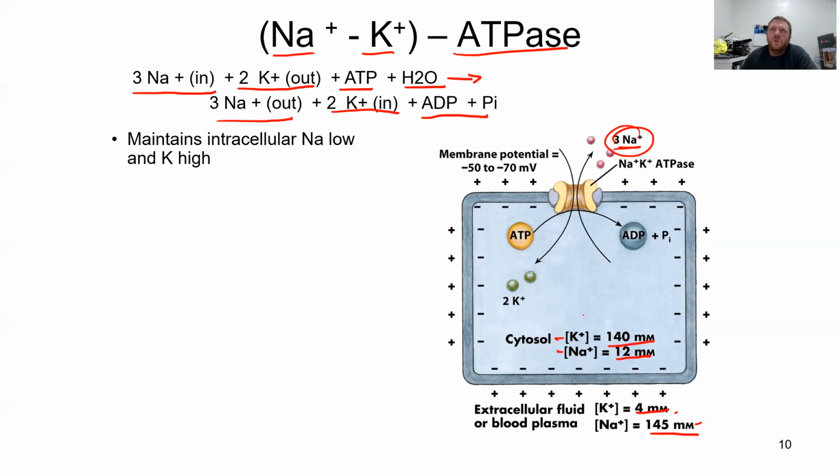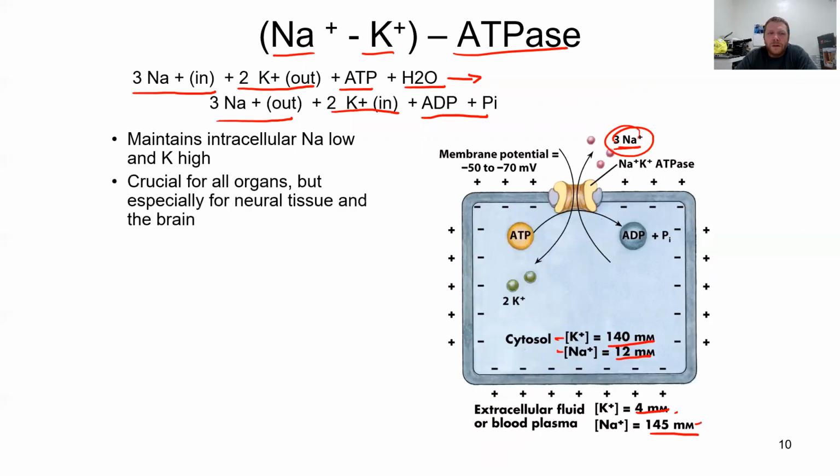So we basically have an antiporter, that is moving two things in unfavorable directions. This is, however, crucial for all organs, but especially for neural tissue and the brain. ATP hydrolysis is going to drive sodium out and potassium in.